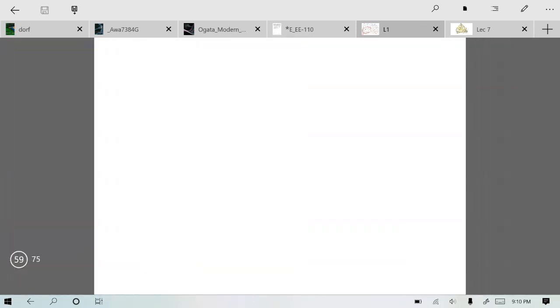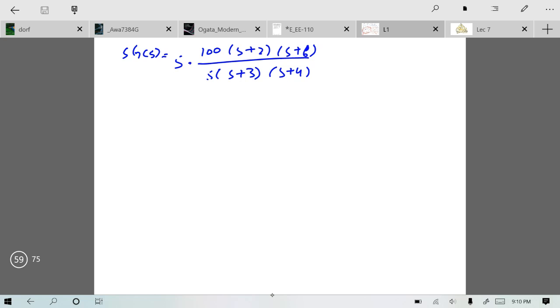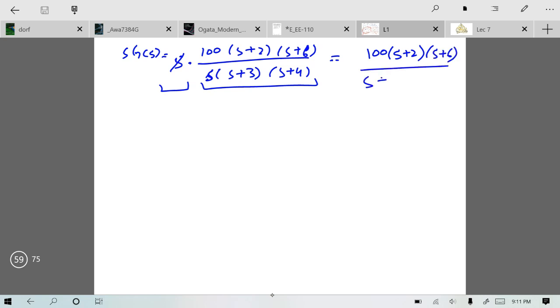So what would be sG of s? sG of s would be 100 into s plus 2 into s plus 6 divided by s into s plus 3 into s plus 4, multiplied by s. This s is cancelled with this, so sG of s is 100 into s plus 2 into s plus 6 divided by s plus 3 into s plus 4.